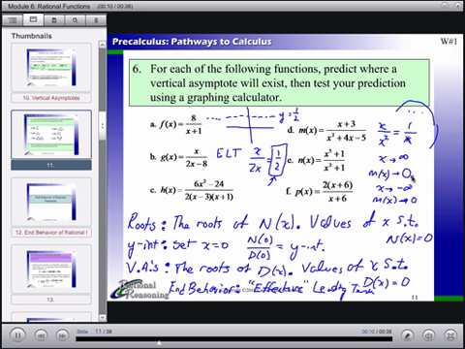Okay, let's look at another one. Find the effective leading term and analyze the end behavior for that. Go. So what is the effective leading term for part E, which is n of x?